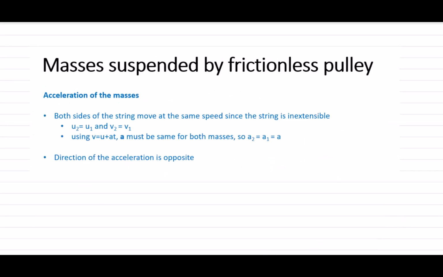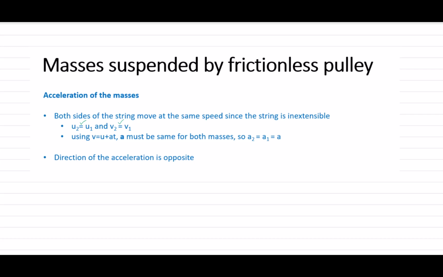Now, how about the acceleration of the two masses? We know that the speed at any instant of time is the same for the two masses. So we can safely write u2 equals u1, and therefore at any given point of time t duration later, the speed will also be v2 equals v1.